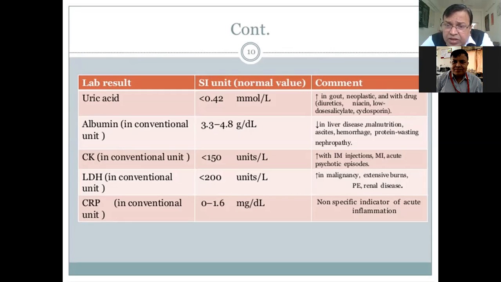In liver disease or malnutrition, its concentration is directly affected, and if protein is passing through a hemorrhage condition, or through kidney dysfunction, it also affects the normal value of albumin, and this is directly related with kidney disease or liver disease.